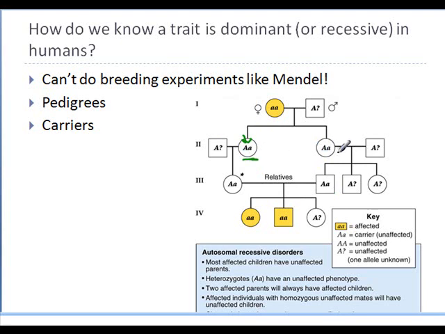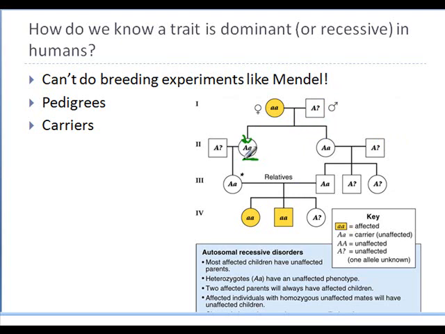Now, if we want to know what is the genotype of the parents of these individuals, then we can detect that by the pedigree. From this pedigree, you can see that two affected parents will always have affected children.